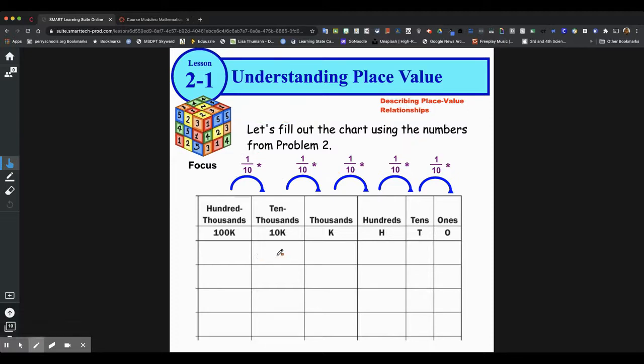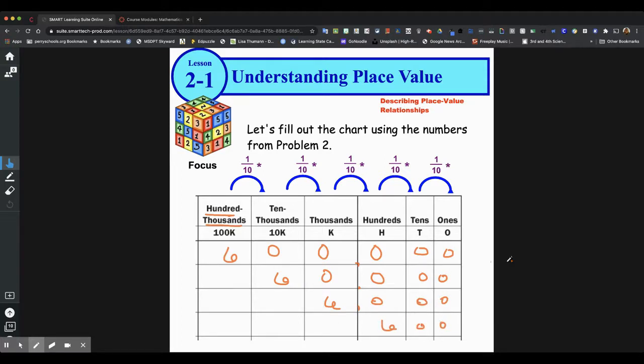So here, maybe we start off with the number 600,000. Okay, because I see that my 6 is in the 100,000s place. And I know right here would be a comma. But I then divide it by 10, and that would then give me 60,000. Okay, I could divide it by another 10 and get 6,000, and another 10 would give me 600.